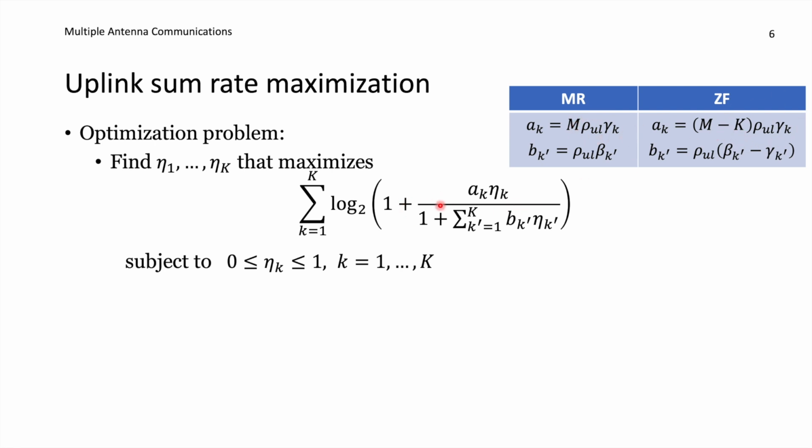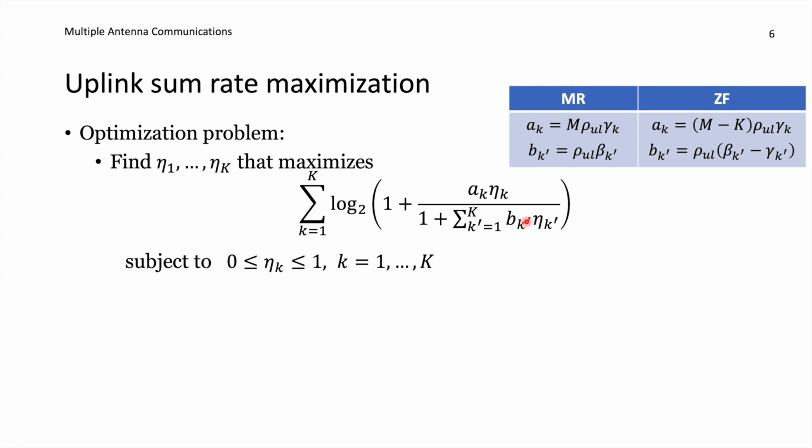More importantly, in the denominator, we have 1, which is still the noise term, and then the summation over all the users, and now we have a parameter bk prime, which is inside of this sum. This parameter is multiplied with eta k prime, which is the power control coefficient for the interfering user k prime, and this bk prime is describing how strong that channel is to the base station.